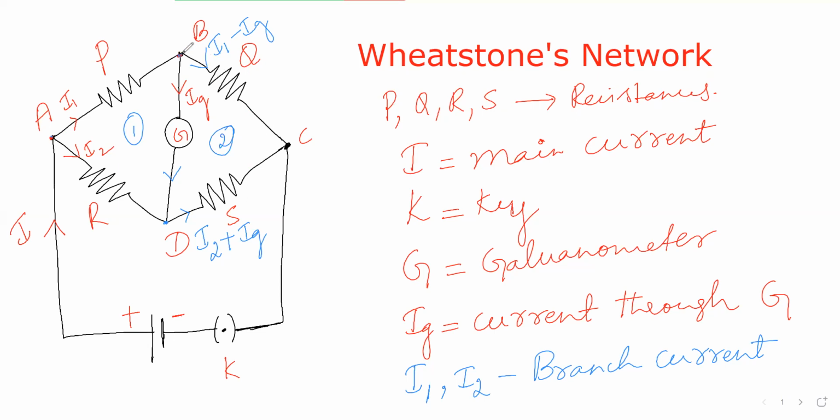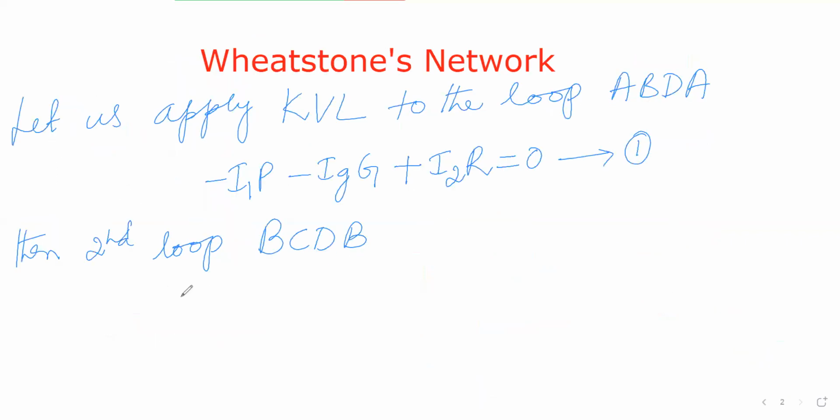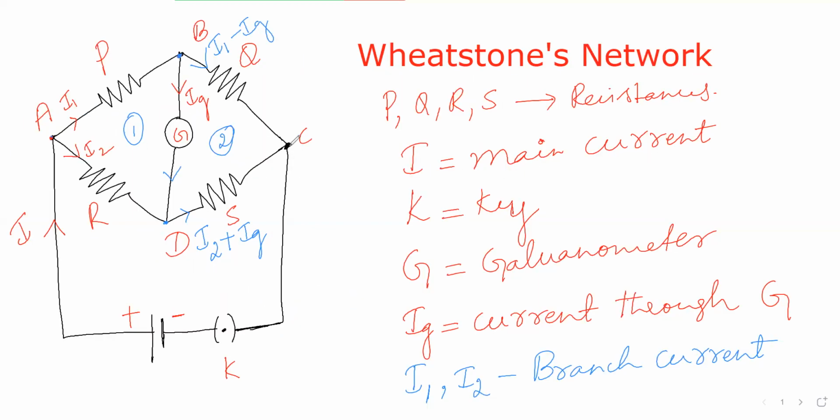Now again, we are starting from the point B to C. We are moving along the current I1 minus IG through the resistance Q. So how can we write it here? Minus (I1 minus IG) into Q, because we are moving along the direction of the current, plus, here again we are going from C to D, which is opposite to the direction of I2 plus IG.